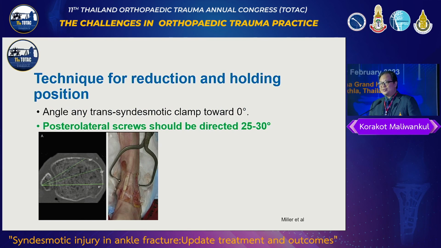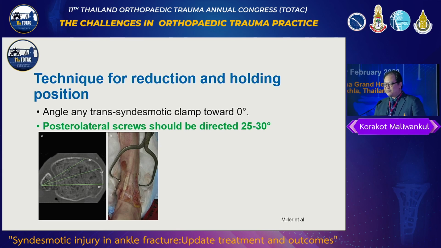For the technique of reduction and holding the clamp, you usually use the clamp at 0 degrees. If you angle it more anterior, it will increase the risk of external rotation. So, whether you are a young staff or senior staff, please ask your resident to clamp at 0 degrees.